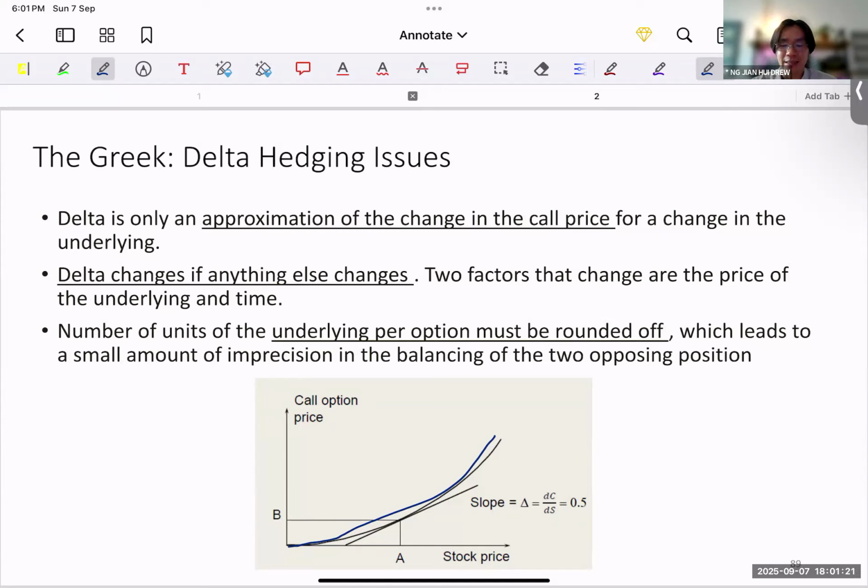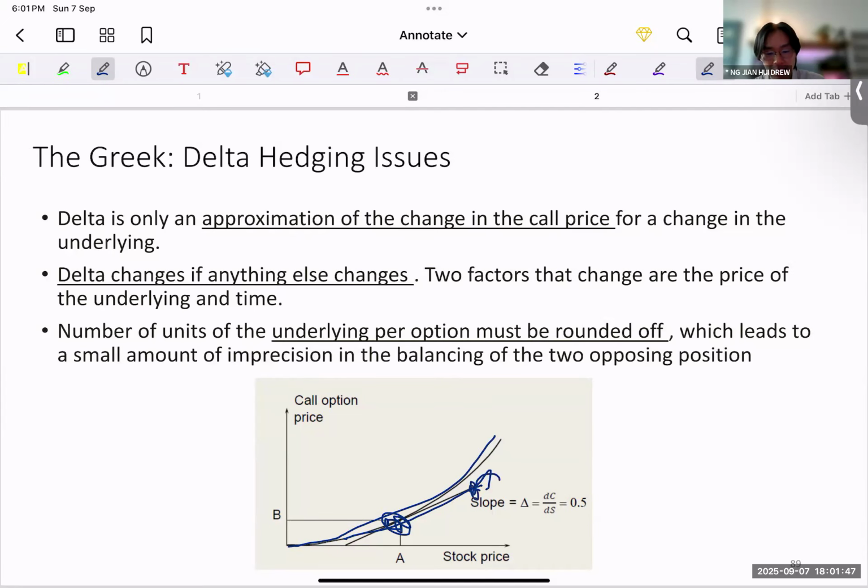In the same sense, the price of a call option is a curve, and the delta is simply the slope, which is given here. Because it's a slope, do you notice that this slope, which is equal to delta, would always underestimate the increase in price?